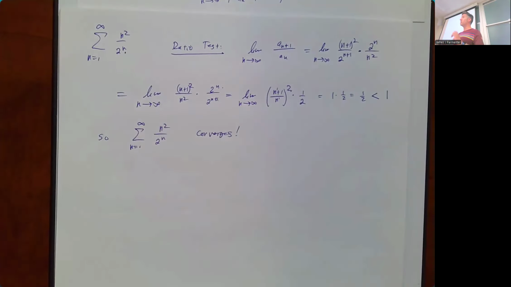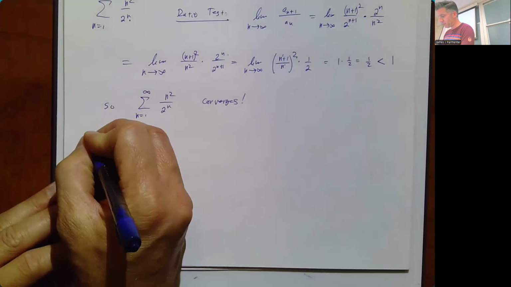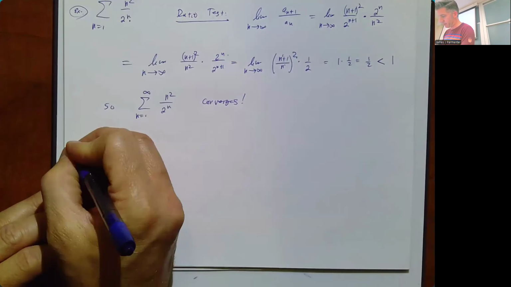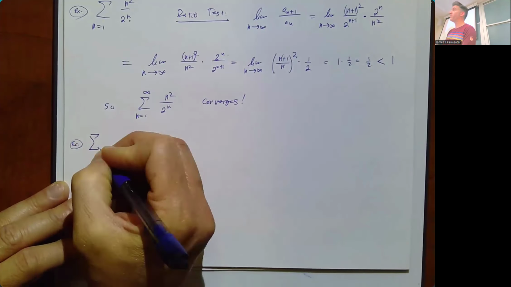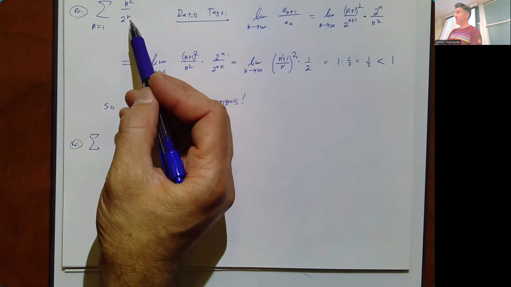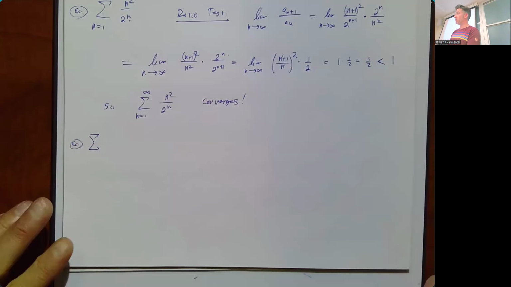Those are both good signs that the ratio test is going to easily apply. So like in this previous one here, we had a 2 to the n. That was a good sign that we should be using the ratio test.